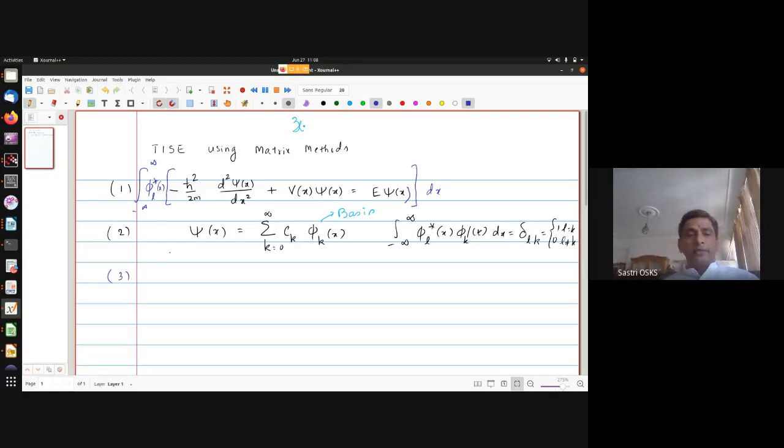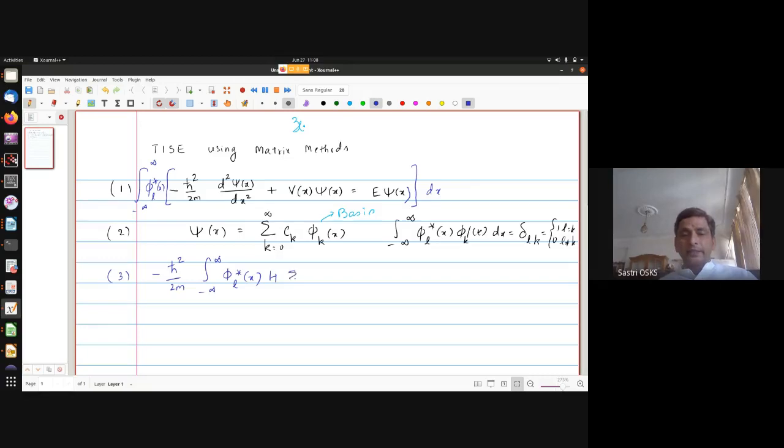So what do we get? We get minus h cross squared by 2m. Let me write it first, after that I'll simplify. Integral minus infinity to plus infinity phi_l star of x. I'll call the entire thing the Hamiltonian operator, that is minus h cross squared by 2m d squared by dx squared plus V of x, acting on psi of x.